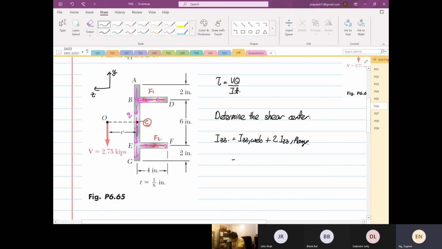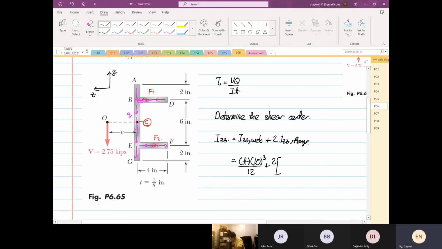Okay. So IZZ of the web. So our width is T. Our depth is 6 plus 12 plus 12, 10 cube over 12 plus twice, right?